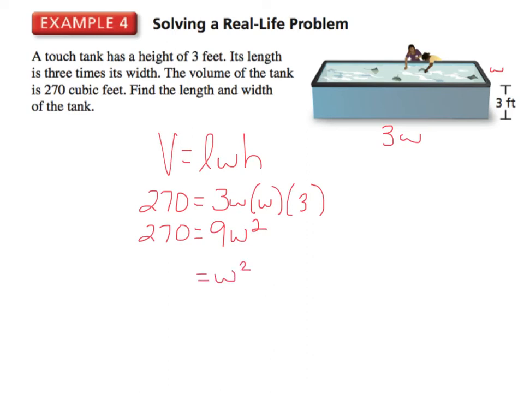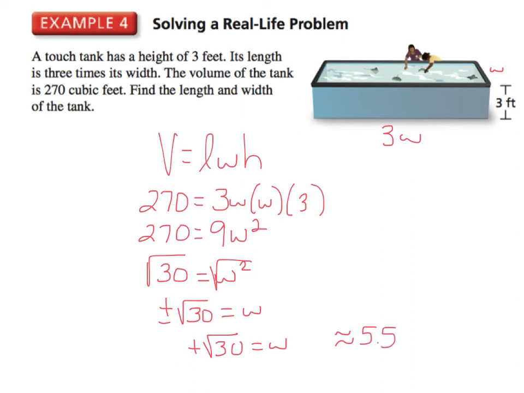That gives me w squared equals 30. So, I take the square root. That gives me plus and minus root 30. But I can't have a negative value, so we'd only talk about root 30 as our answer. Which, if I wanted to approximate it, it's about 5.5 feet.